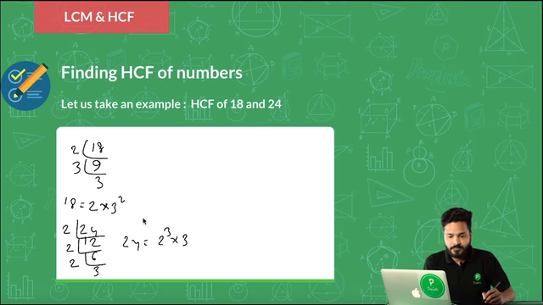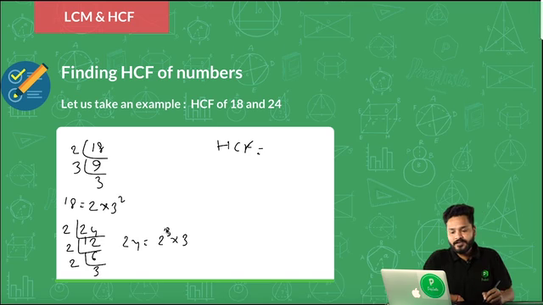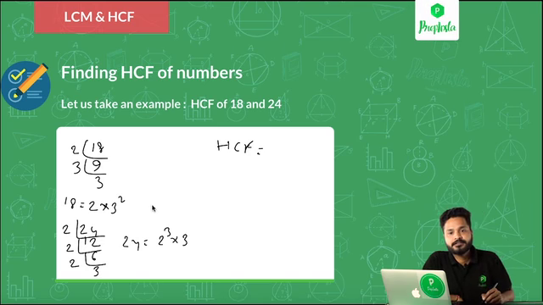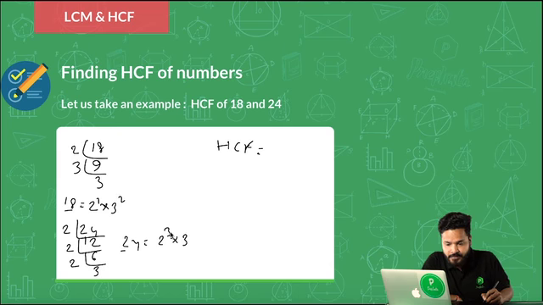Clear? So to find the HCF, we need to multiply the prime factors with the power they appear the least number of times in each of the numbers. Which means 2 appears 1 time here and 2 appears 3 times here.